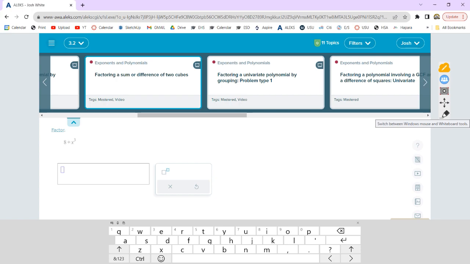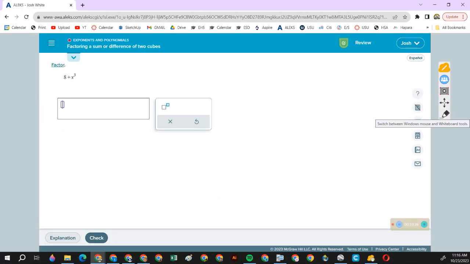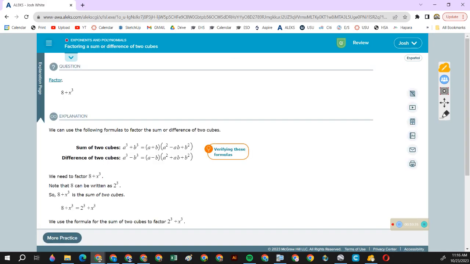So here is the other cubic equation. If you have the sum of two cubes, it factors into a plus b and then a squared minus ab plus b squared. If you have the difference of two cubes, a to the third minus b to the third would be a minus b and a squared plus ab plus b squared.